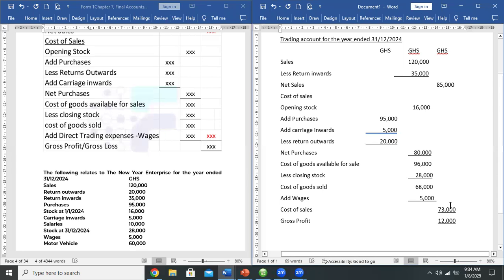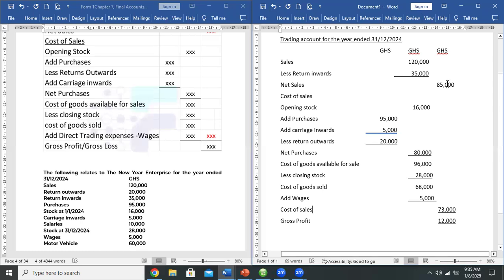As we saw in the introduction, in the trading account, we compare the net sales to the cost of sales. So it's the net sales minus the cost of sales, like the way you calculate profit in JHS, selling price minus cost price. So here our selling price was 85 and our cost price was 73.